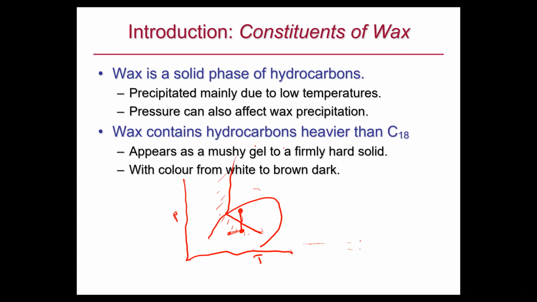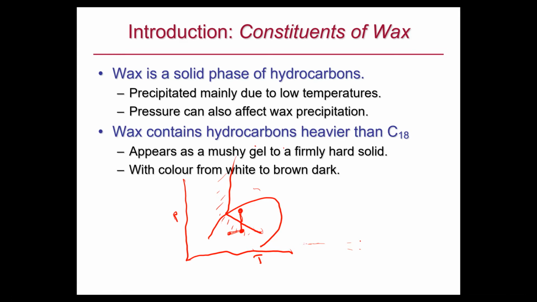And it has a number of important factors. What we call the wax appearance temperature is important. And then the wax deposition rate is important, because wax appearance increases the viscosity and makes the fluid non-Newtonian, and wax deposition will reduce the diameter of the pipeline.